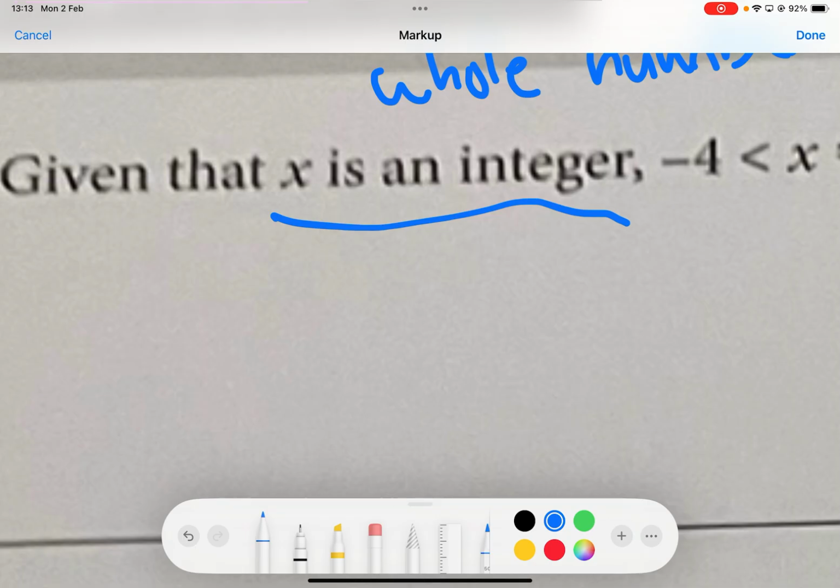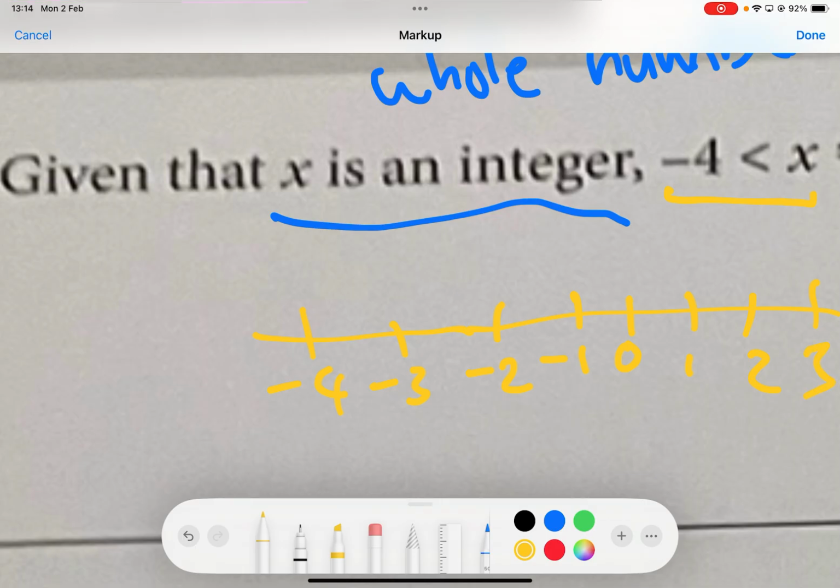-3. Okay? So if I just look at this line over here, if I have a number line, 0, -1, -2, -3, -4. Here is 1, 2, 3.